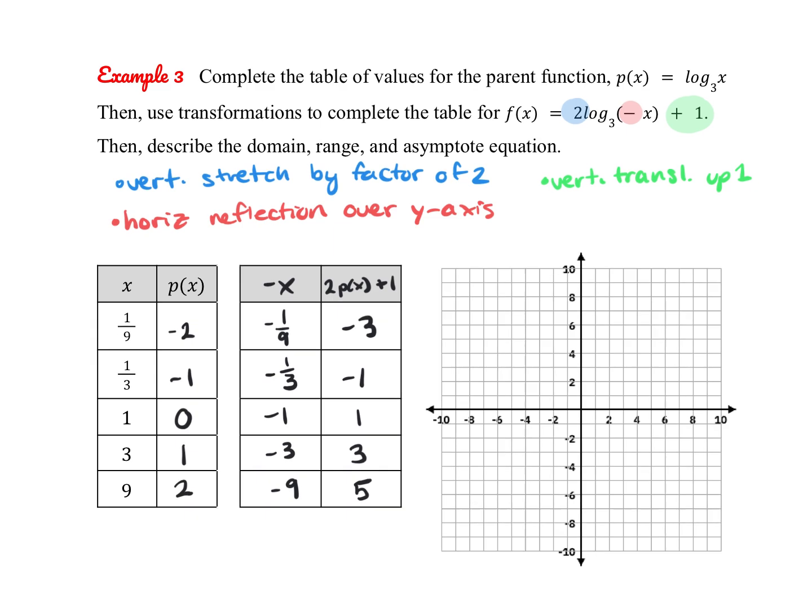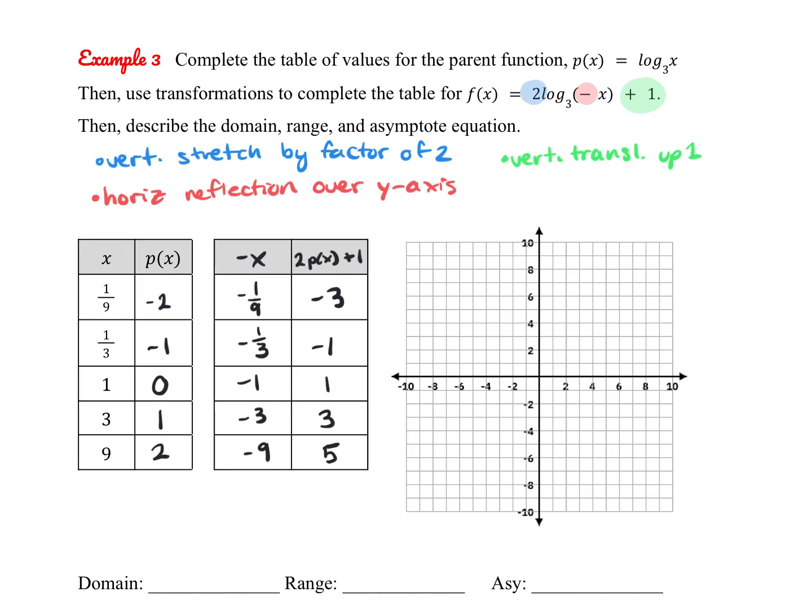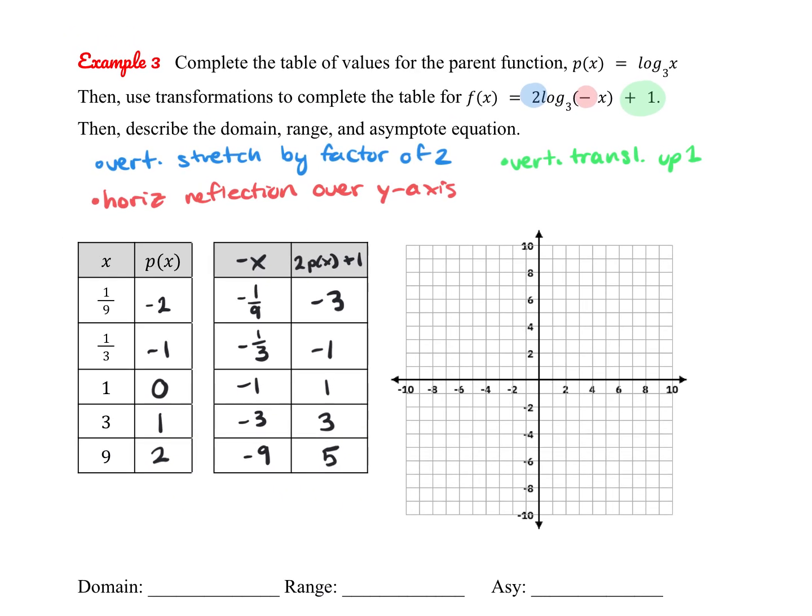Now, I also want to remind you that these graphs have another really important feature. These have vertical asymptotes. So for the parent function, it's x equals 0. So if we want to sketch out our parent function again, we can. It looks like something like this.